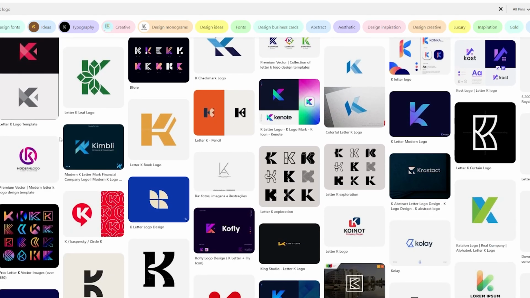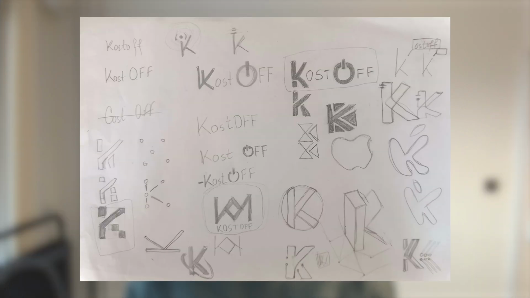What could it look like? So that I can build the icon K from those ideas. And also I wanted to see what other tech news related YouTube channels have as their logo.